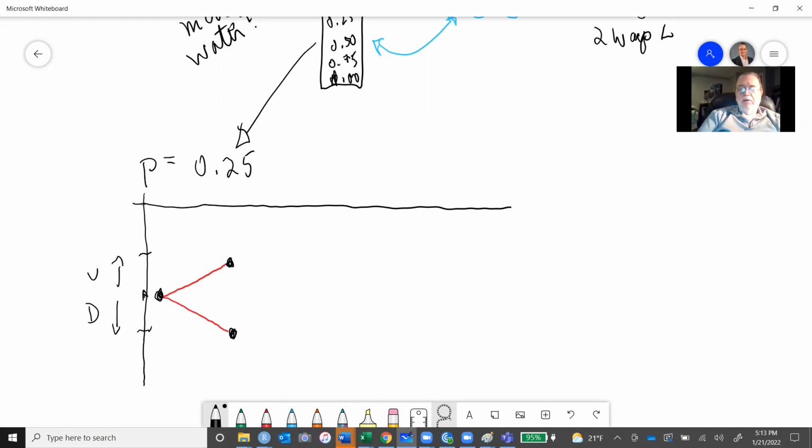Okay. And it turns out we have observations across the top, or they could be called trials, or whatever. But we're going to have repetitions of this process going over time.